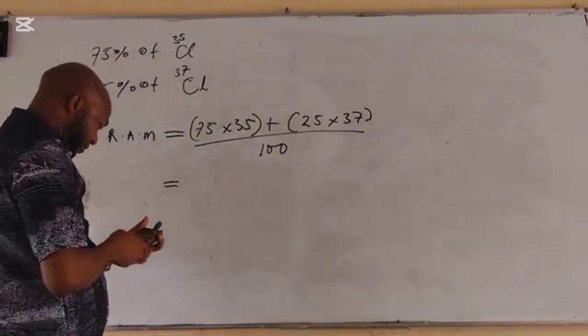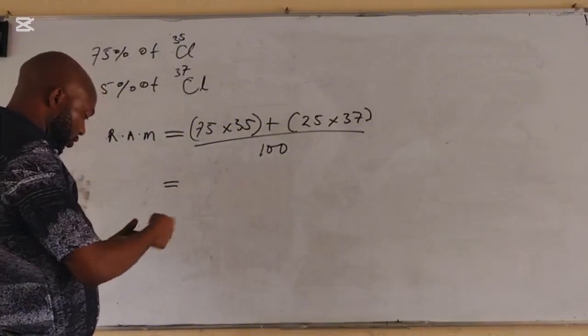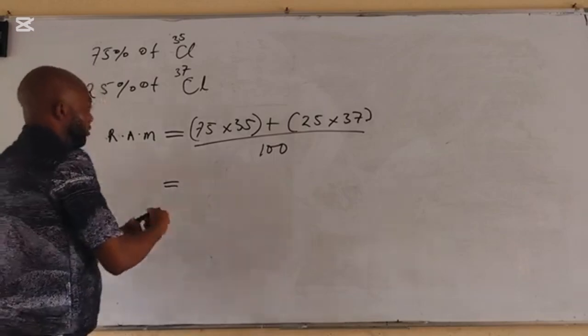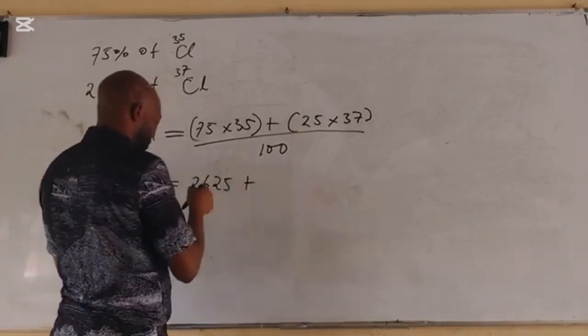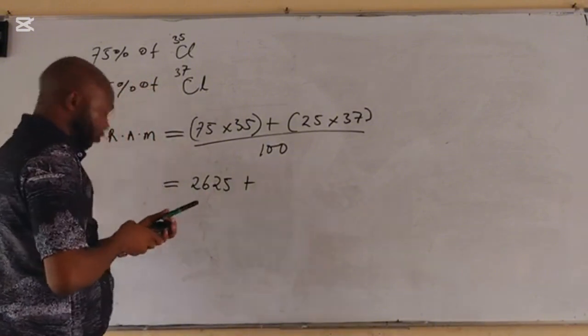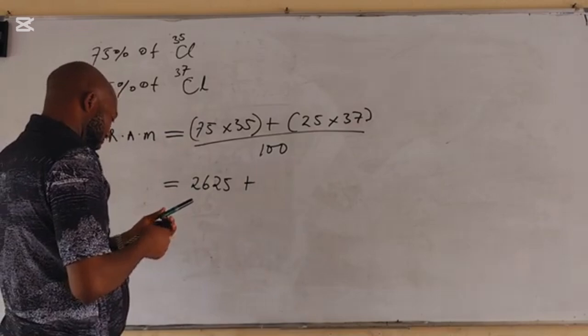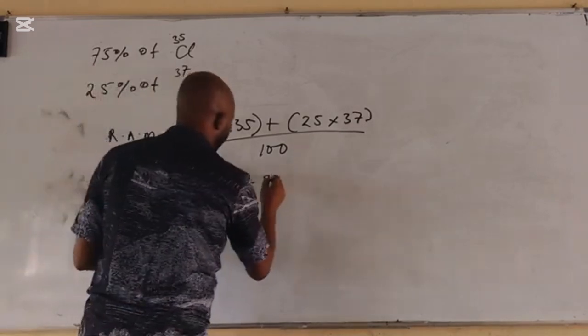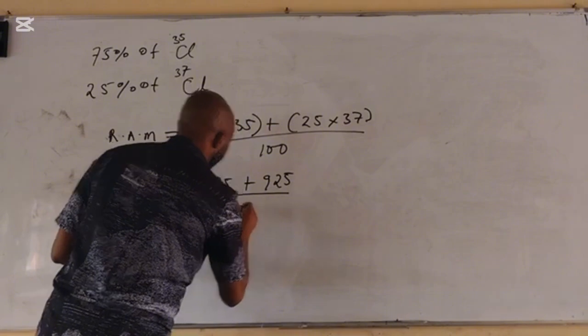75 times 35 is 2625. 2625 plus 25 times 37, which is 925. This is over 100.